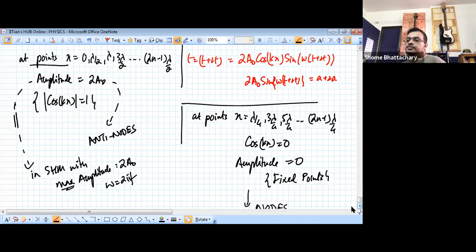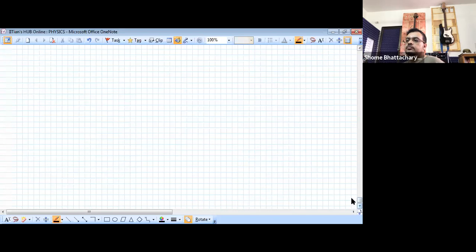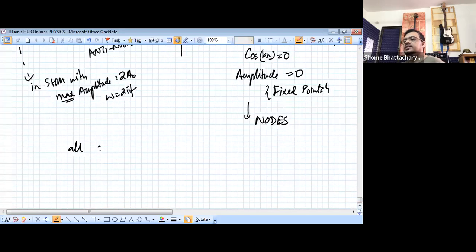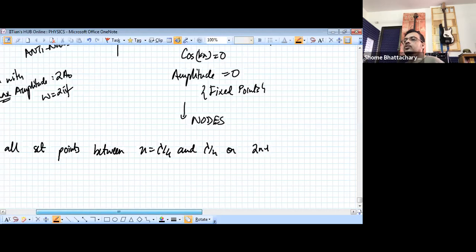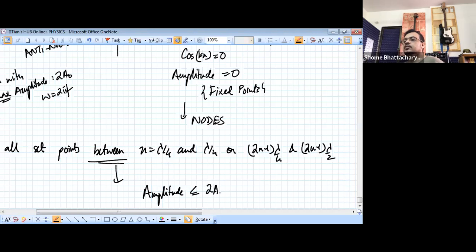And you can see that also all the set of points that are between x equal to, let's say, lambda by 4 and lambda by 2, or in general 2n minus 1 lambda by 4 and 2n minus 1 lambda by 2, these sort of points have an amplitude which is neither equal to 2a nor equal to 0.